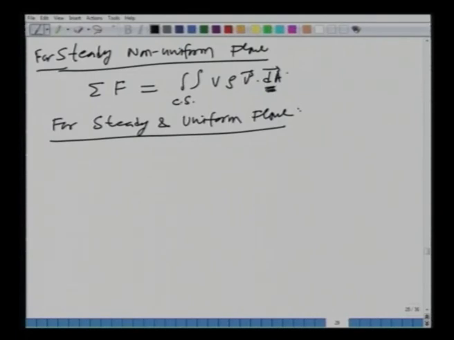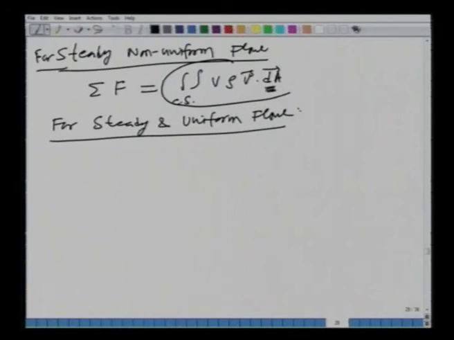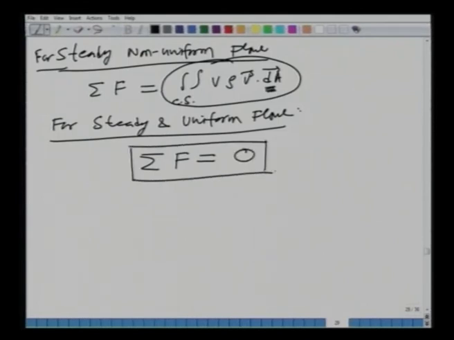If with respect to different areas or different points in your control volume, if the velocity is constant, then this whole quantity will also be equal to 0. Because the velocity is not changing, then this will be 0 because of the uniform flow. So, for this the momentum equation then will become summation F is equal to 0.